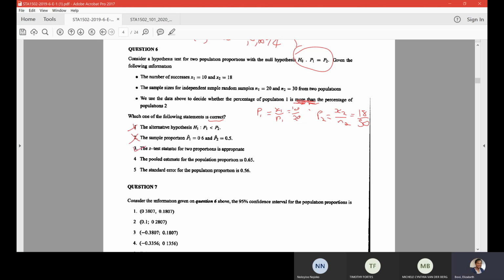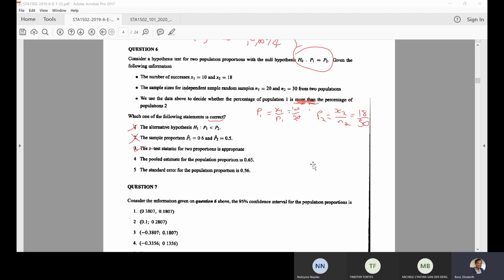So that will be correct. Then we don't have to go and try question number 4 and question number 5, because if question number 3 is correct, that's what we were looking for.